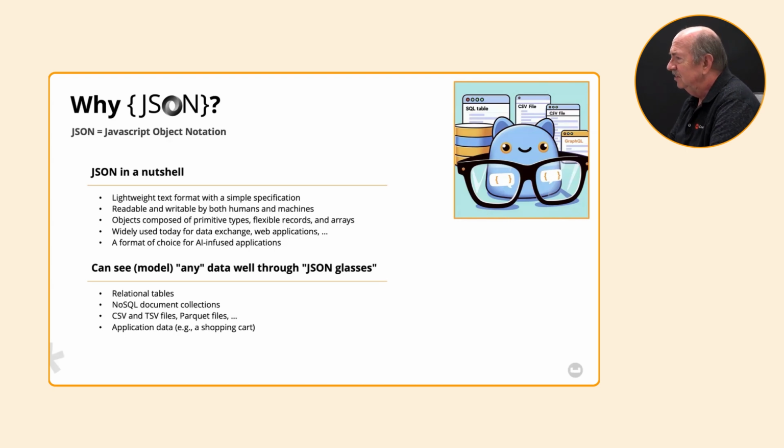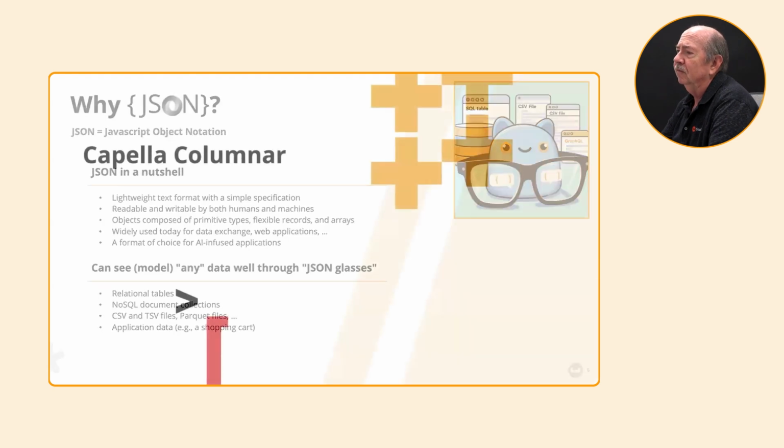They can all be seen if you put on JSON glasses by looking at what it would look like in JSON. Applications use this very commonly, and you could think about a JSON object for a shopping cart. So what we're going to do with Capella Columnar is put on JSON glasses and see all these different kinds of data that way, and I'll explain that more as we go on.